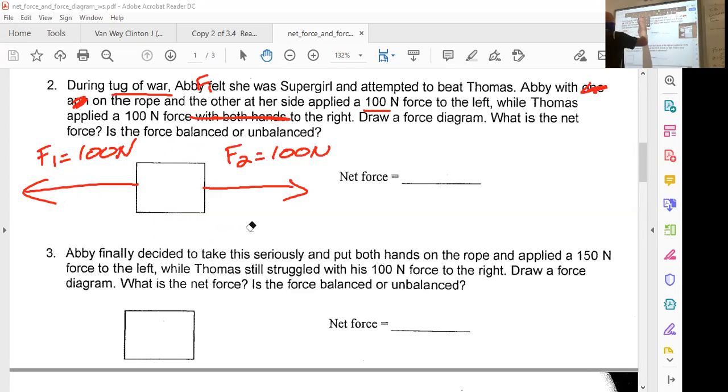Okay. The question is, what is the resultant force? In the chat, tell me what is the resultant force. If Abby pulls 100 and Thomas pulls 100, what's the resultant force? Who wins and by how much? Tell me in the chat, who wins, how much?